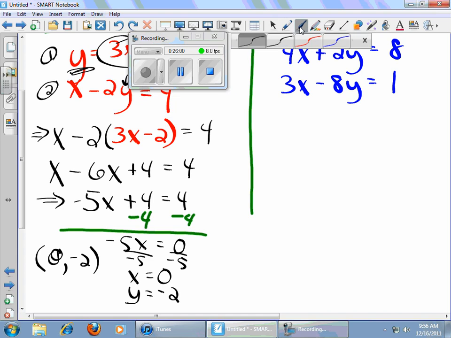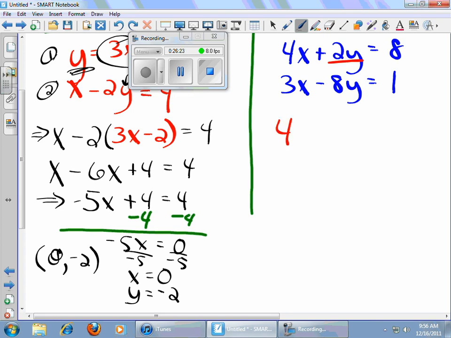Hopefully you've already tried it. It looks like the easiest thing to solve for in this one would be y in the first equation, because I won't have any fractions, everything will be whole numbers. So I'm going to choose to solve for y. It wouldn't be wrong to solve for any of the other variables, but it might be a lot more difficult.